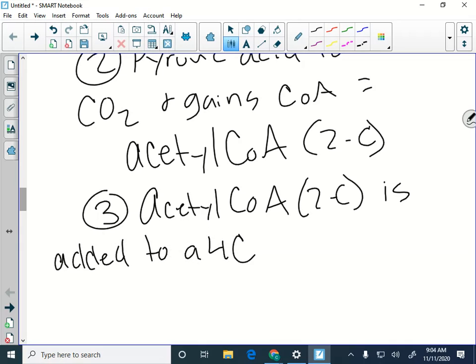I won't make you memorize the name. I believe it's oxaloacetate, but we're not going to make you memorize all these steps. So it's added to a 4-carbon sugar. This gives us citric acid, which is a 6-carbon.